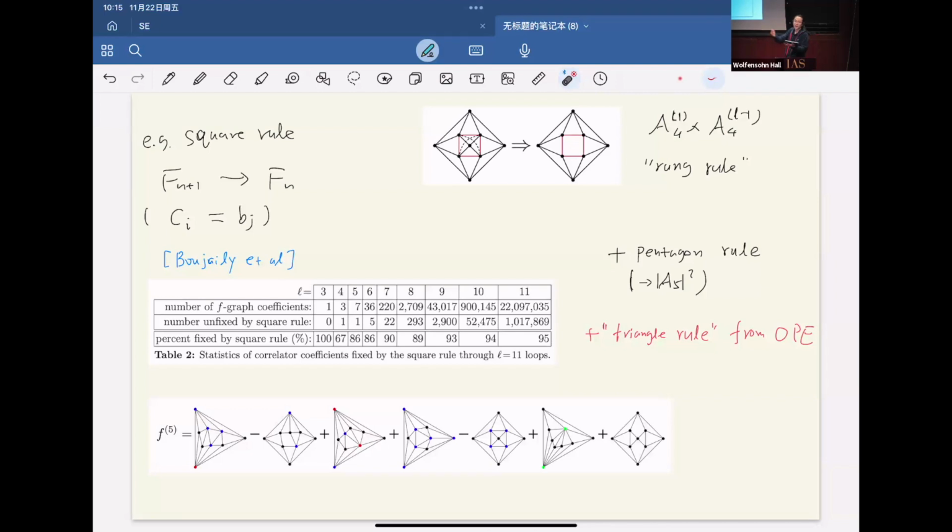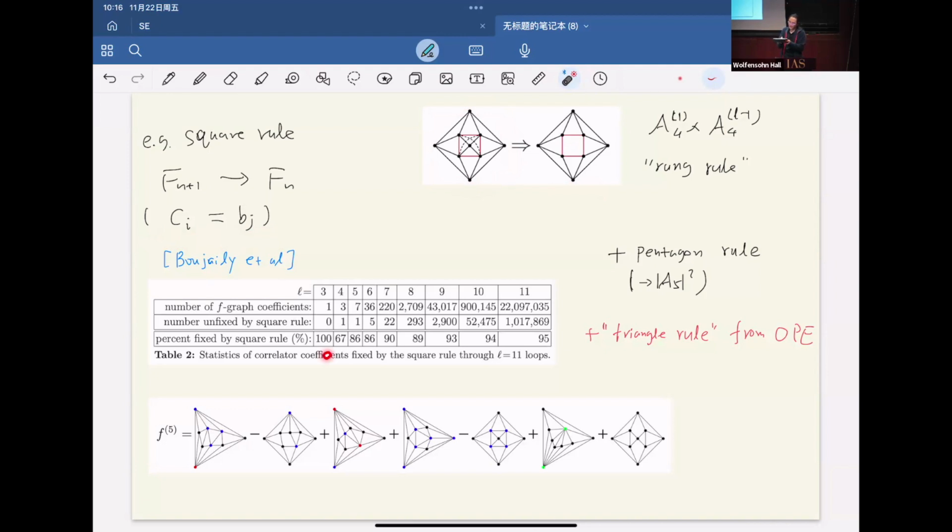The non-planar graphs are all excluded in this bootstrap. Okay, so that being said, the square rule is just the rule connecting the coefficient of an n-point graph to a coefficient of an n-1 point graph, which is very simple, but it cannot apply to all graphs because some graphs don't have any structure like that. Then it doesn't say anything about them.